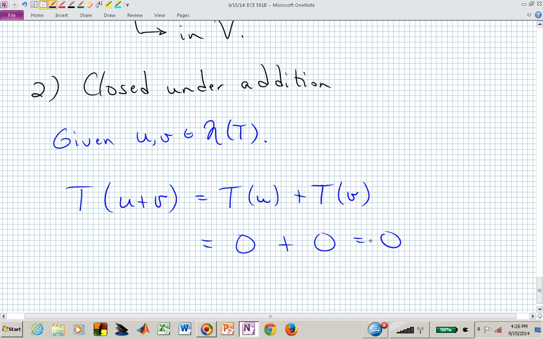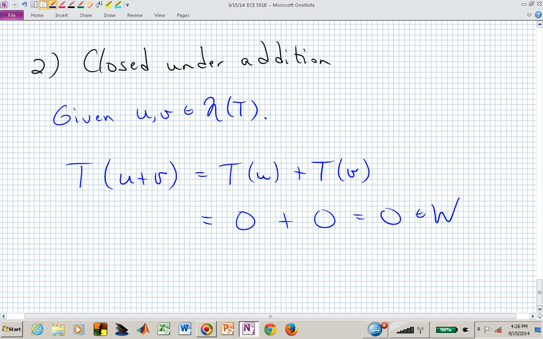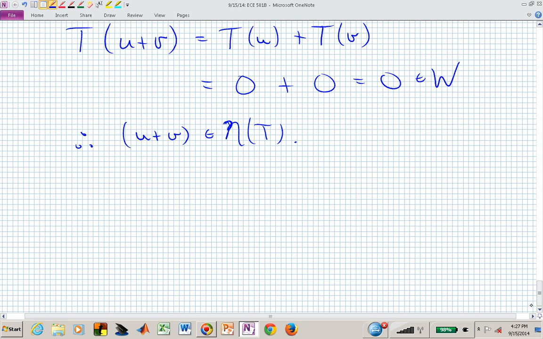And 0 plus 0 is just 0, which is in W, which says then that if we look at the far left-hand side, U plus V must be in the null space of T. And so it's closed under addition.